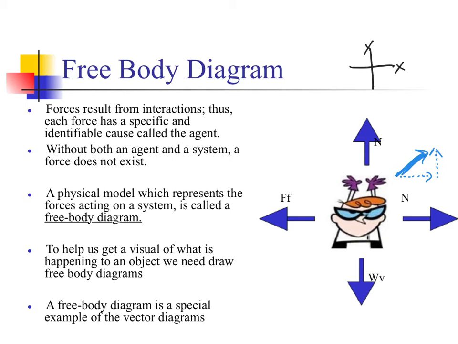And again, the free body diagrams can be very simple. A lot of times I like to use circles, but I really like to use boxes, because it allows us to see objects moving left and right easily, objects up and down, just like we have shown with Dexter here.